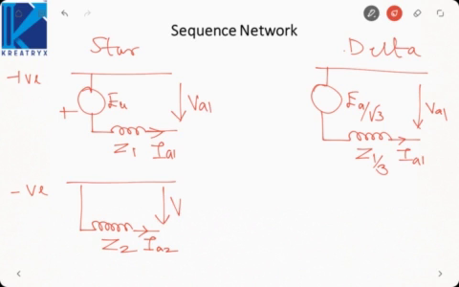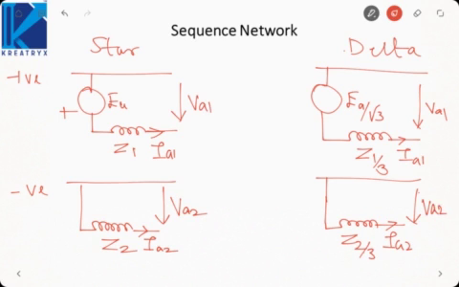IA2, VA2. Here we will have Z2 by 3, IA2, VA2. Okay.